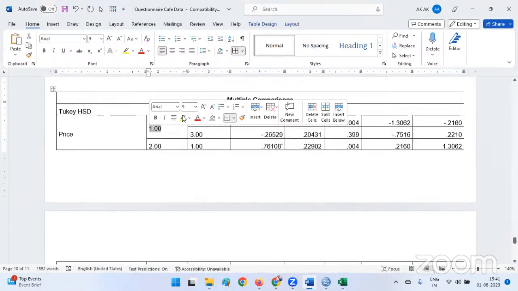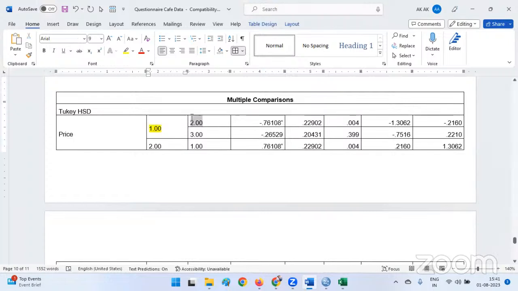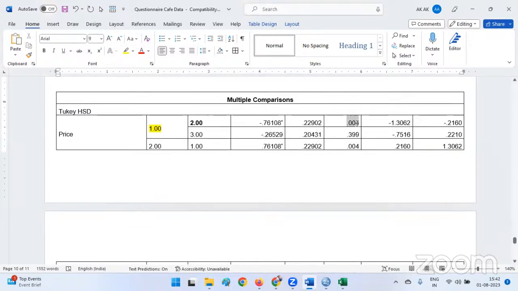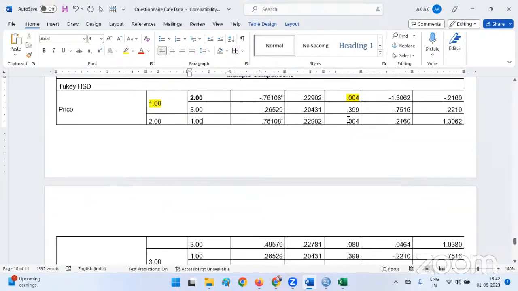Now you see here it is 1 and 2, and here is the significance. So this is significant. This is the same thing: 2 and 1 significant. I compare 1 with 2 or 2 with 1, one and the same thing. Okay. 1 with 3 is 0.399.